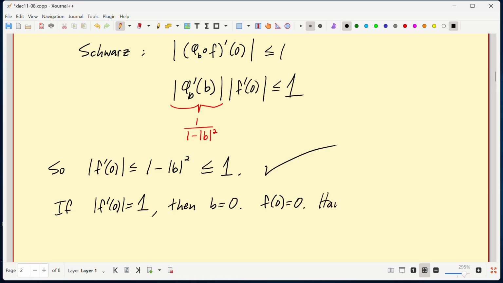We have Schwarz, which would say that if that maximum derivative occurs, then it's a rotation. So that's all there is to that. Questions? That's kind of a nice thing to know.